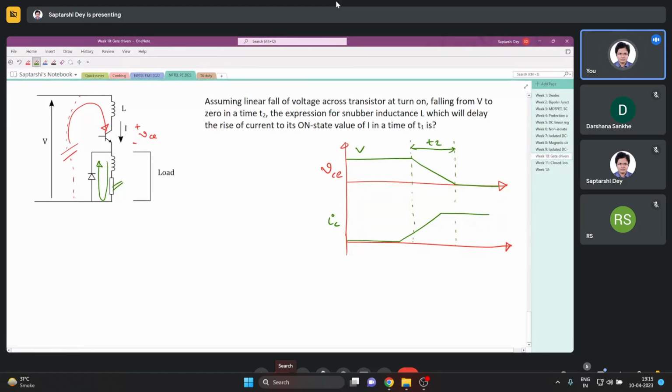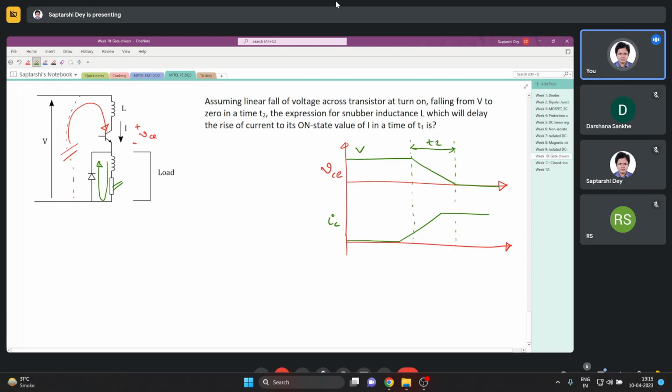So we can say that when this switch is again turned on, either the load is completely dissipated, meaning there is no stored energy in the load inductance, or maybe there is still some energy, so the diode is still on.